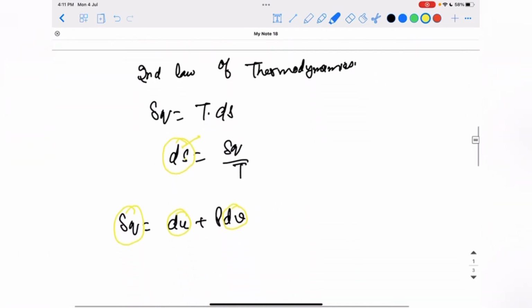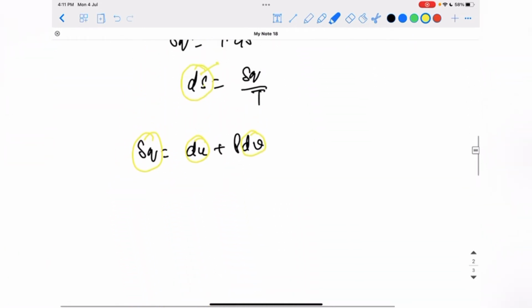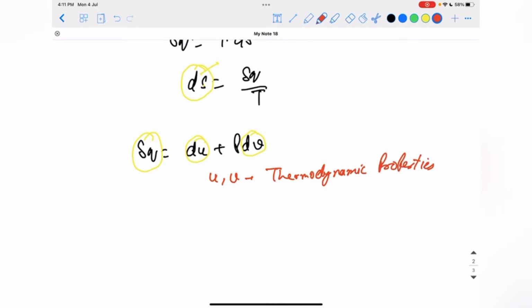So U and V are thermodynamic properties, and properties are always exact differentials, whereas delta Q is not a thermodynamic property, so it is an inexact differential.